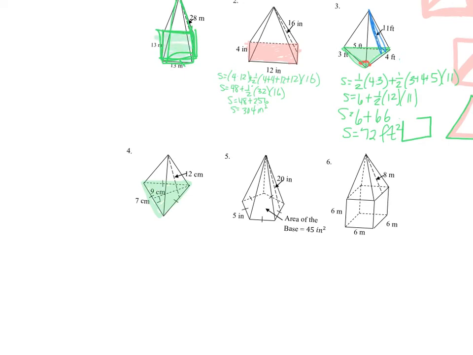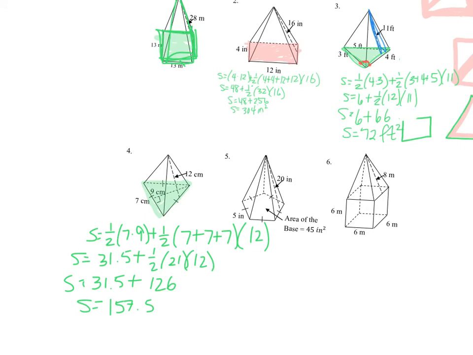Whether it's going to be a square or a rectangle, that's going to be that odd shape. Or if you're looking at a triangular pyramid, you can call any triangle that's on the bottom your base. Any triangle could be the base of it, depending upon how it's sitting. So I like to just say that the bottom is going to be my base. That's what I like about these. They're not as confusing sometimes as the prisms. Okay, so pause the video and see if you can get number 4.